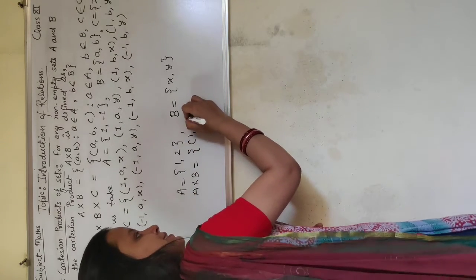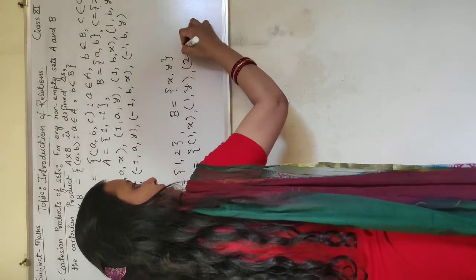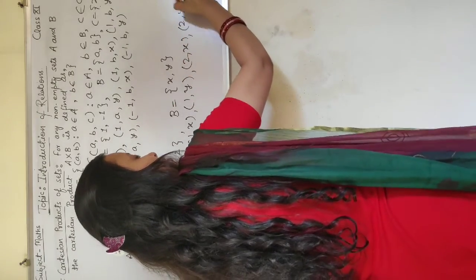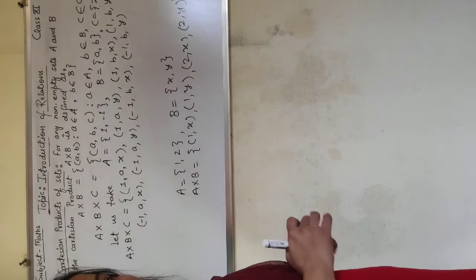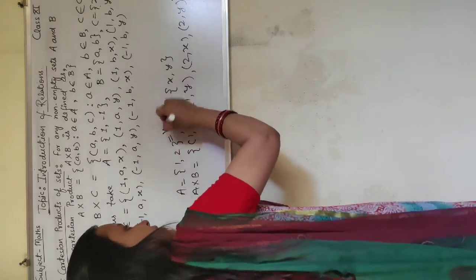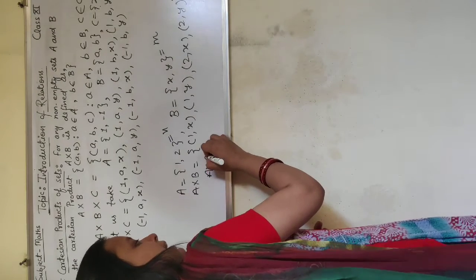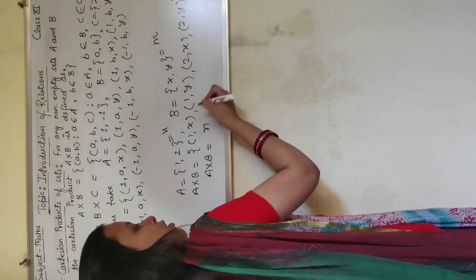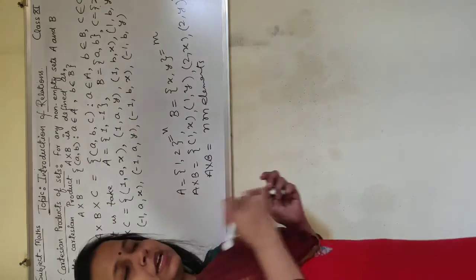You are getting 1x, 1y, 2x and 2y. So the number of ordered pairs you can see is 4. How do we get it? If A has n elements and B has m elements, then obviously A into B will have mn or nm elements, or ordered pairs you can say.